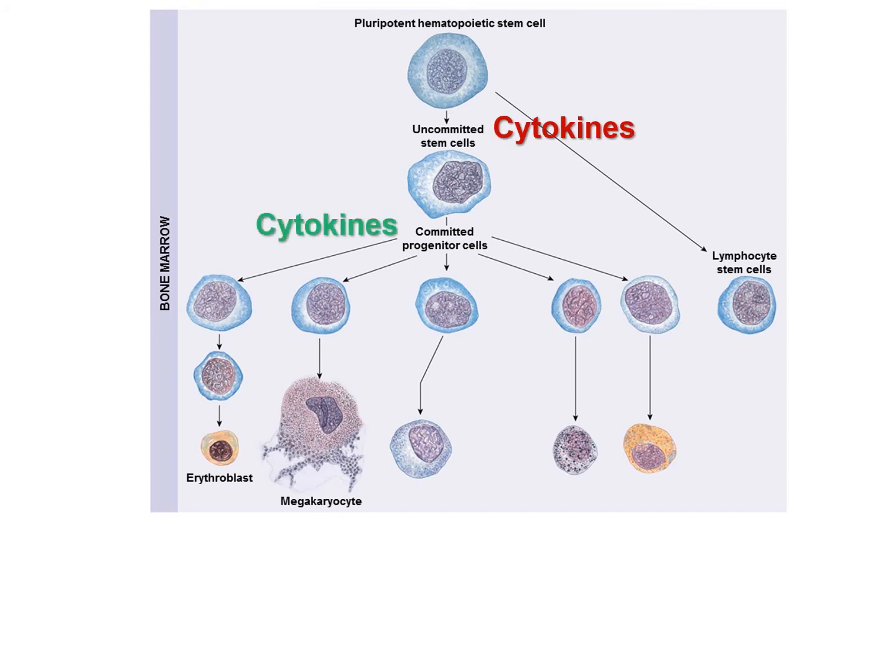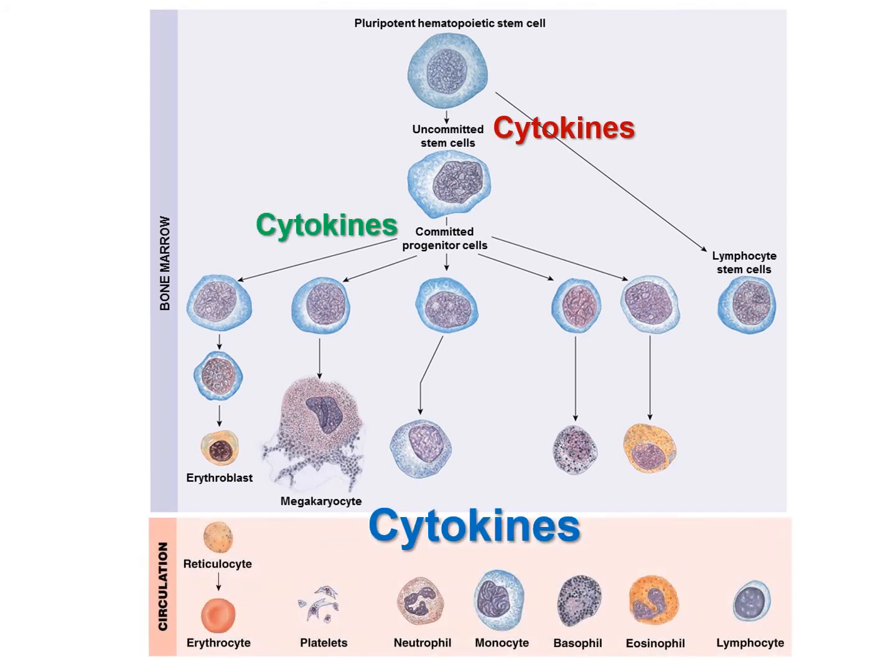Cytokines. Cytokines drive the differentiation of these stem cells into their specialized cell forms. We know this now because we can actually artificially grow these stem cells, and we can create certain types of cells based on the cytokines that we give those cells.